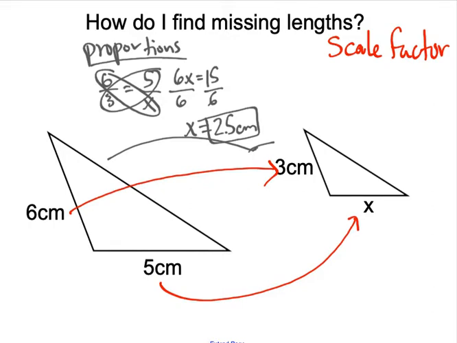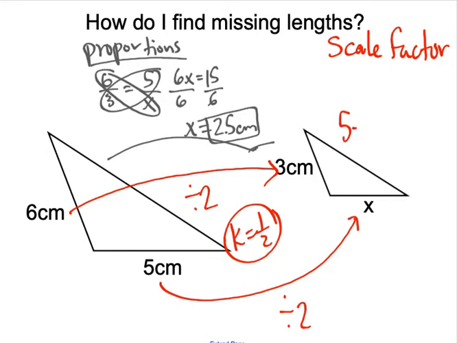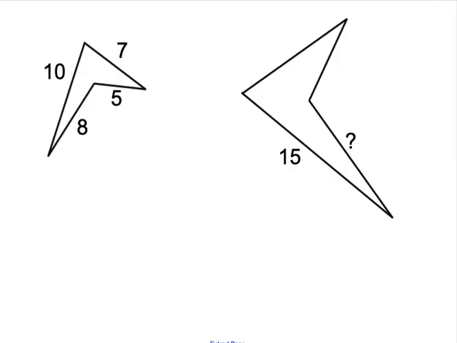Going from 6 to 3 using multiplication or division, I can divide by 2. So the scale factor here actually is 1/2, multiplying by 1/2. That's the same as dividing by 2. So I can go from 5 to x by dividing by 2, and that would give me 2.5 centimeters using scale factor in division form rather than multiplication. It's actually 5 times 1/2.